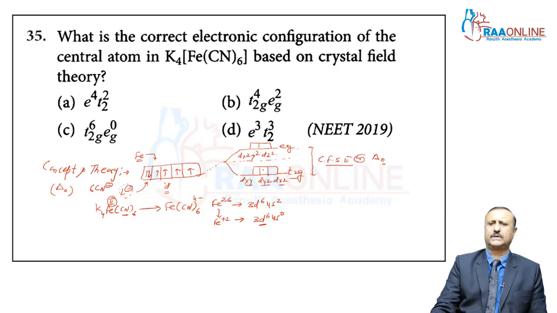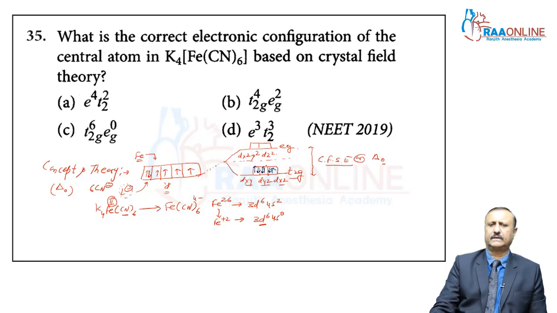Here my dear students, the electrons now fill according to Hund's rule and the Pauli exclusion principle, going to the lower energy level first, then the higher energy level. 6 electrons are present here: 1, 2, 3, 4, 5 and 6.